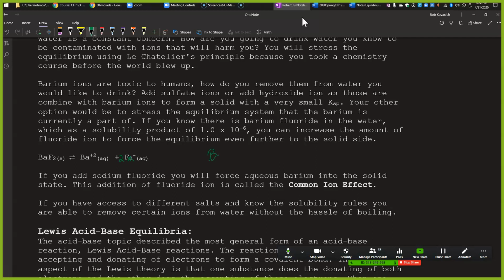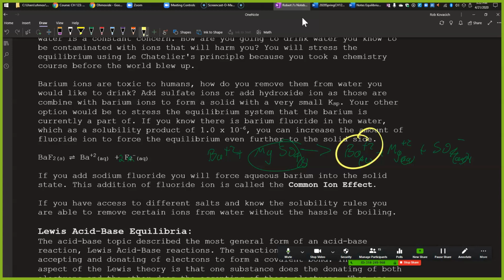Or if I had barium ion and I threw in magnesium sulfate, well, that's fully soluble. So we'd end up with barium ions, magnesium ions, and sulfate ions.